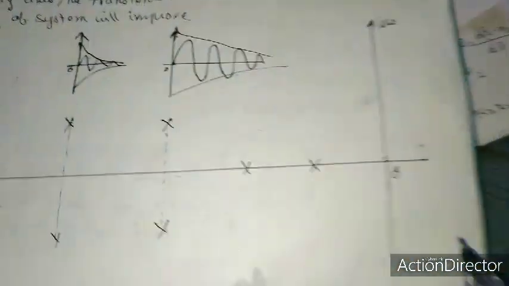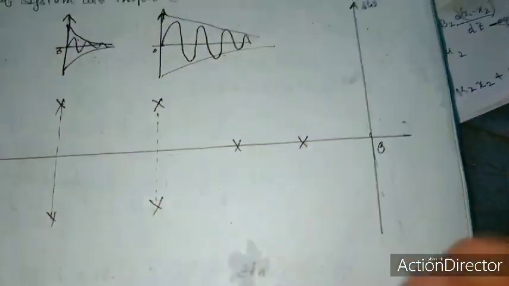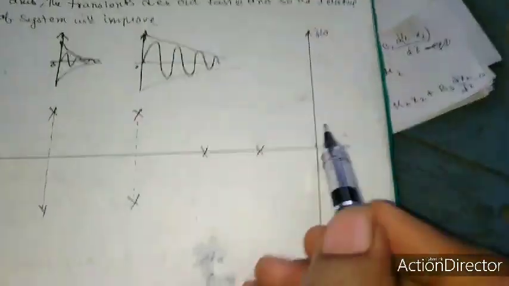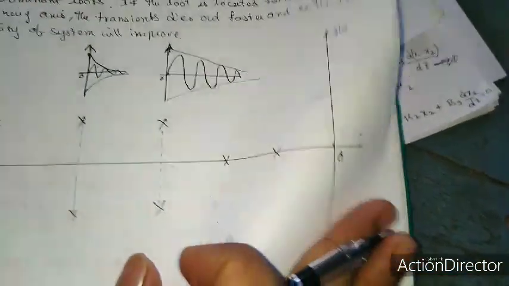In relative stability, if we change the axis from here to here, we see how far the system is stable. A system may become unstable if you change this origin, and that can be judged by relative stability. So we'll see this relative stability analysis.